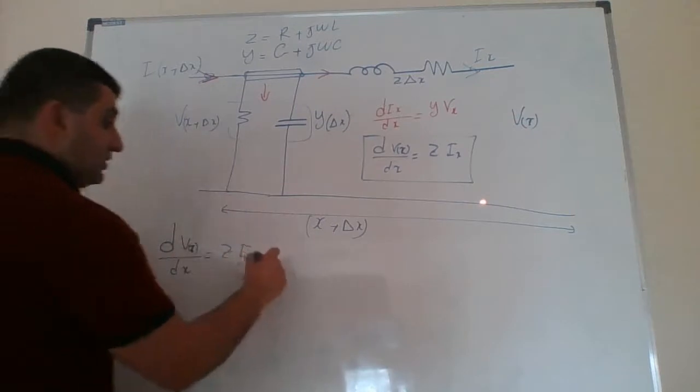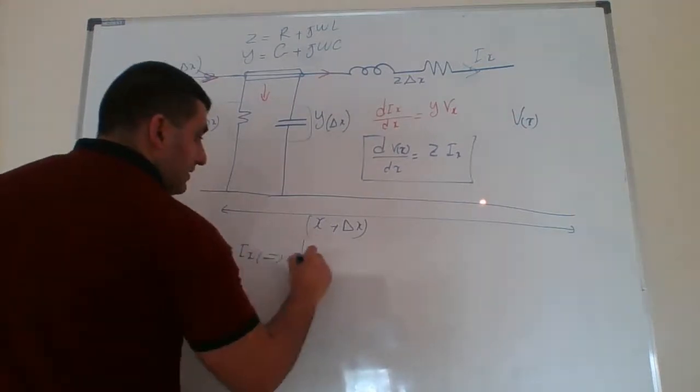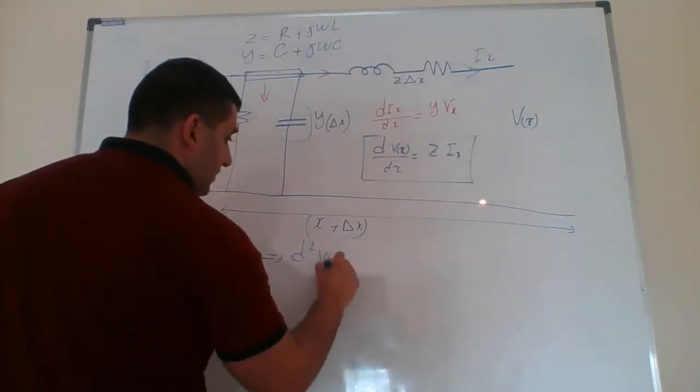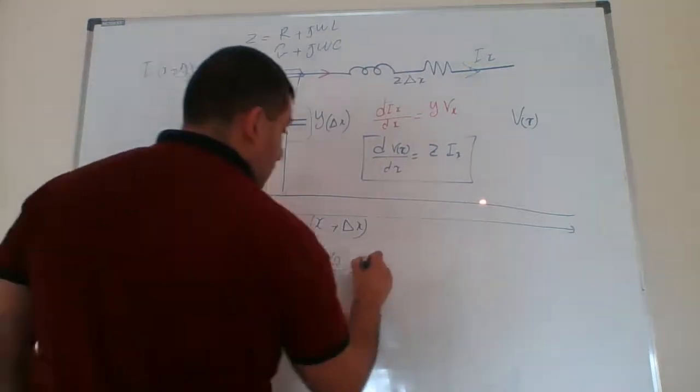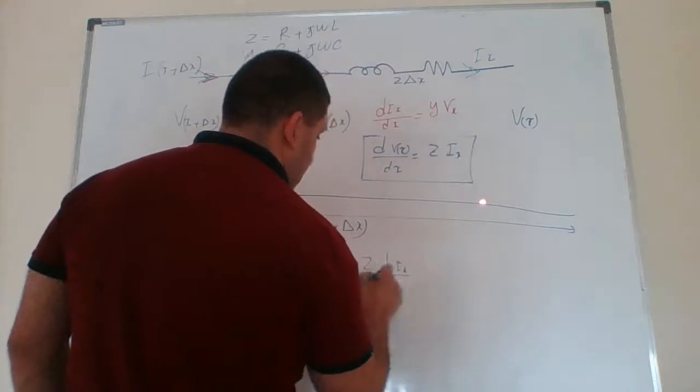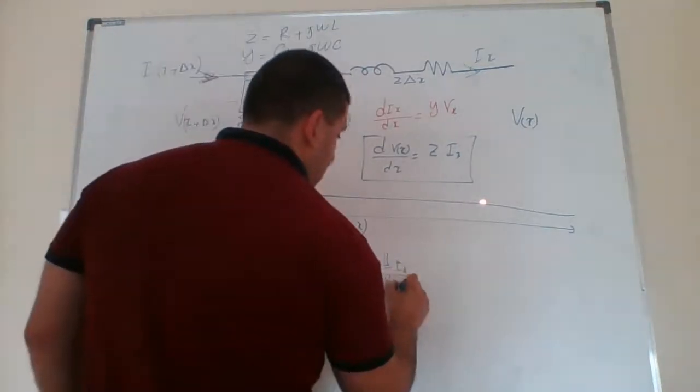I derive this equation, so I'll have d squared Vx over dx squared, it's equal to z dIx over dx.